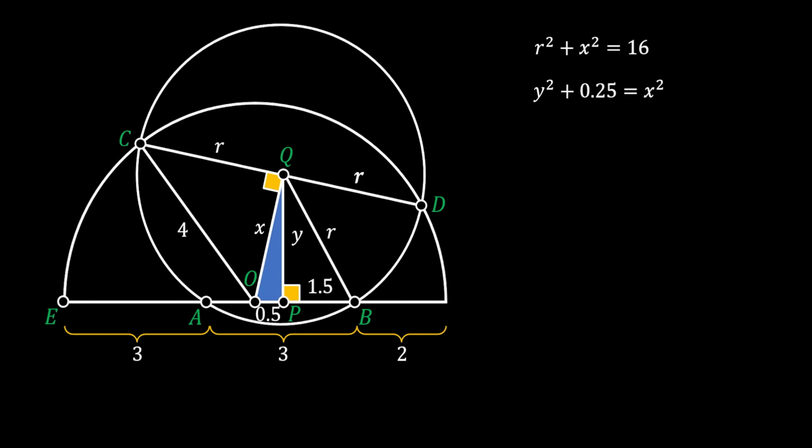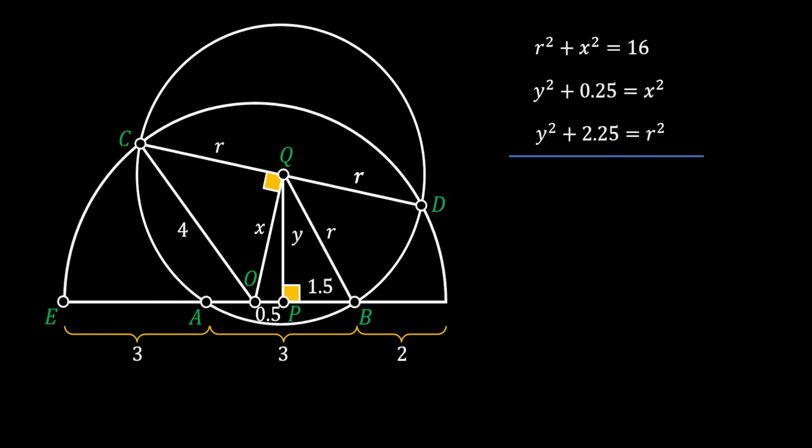And finally, let's notice the right angle triangle PBQ and use the Pythagorean theorem, which states that the leg y squared plus the leg 1.5 squared is equal to the hypotenuse r squared. Since 1.5 squared is equal to 2.25, we will substitute this value, and in this way, we got 3 equations with 3 unknowns which we can solve.